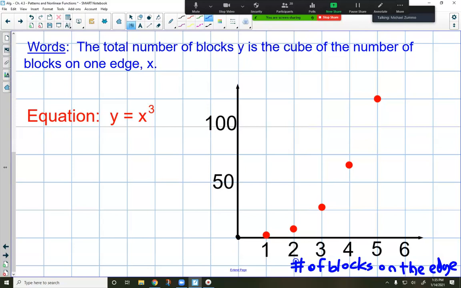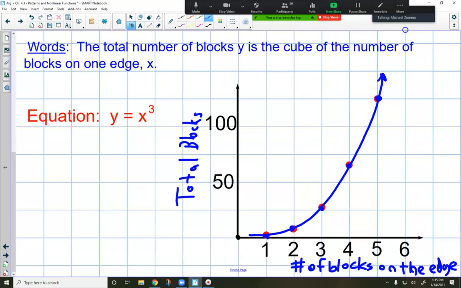On the y-axis, you're talking about total blocks. And we can start to plot these points. We had 1, 1, 2, 8, 3, 27, 4, 64, 5, 125, 6, 216, which would be way up higher here. Okay, and we can start to see our graph looks something like this.